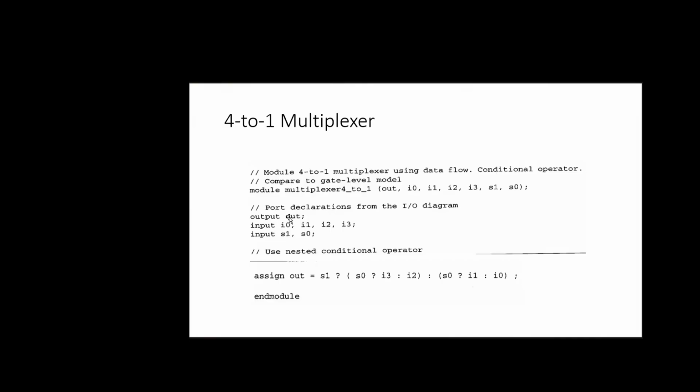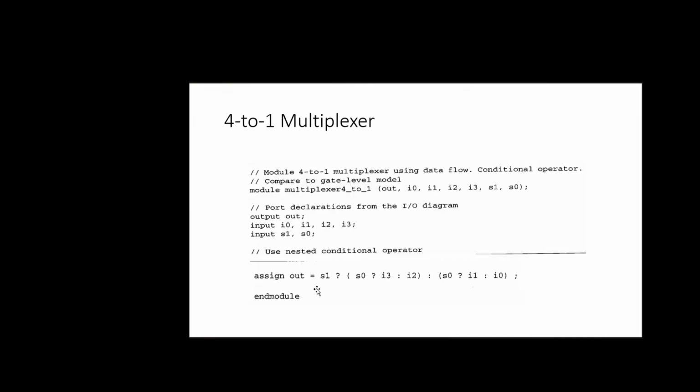We declare the output by the keyword output, and the output is out, terminated with a semicolon. Then the inputs: the actual inputs are the four inputs I0, I1, I2, I3 separated by commas and terminated with a semicolon, and the selector inputs are S0 and S1.